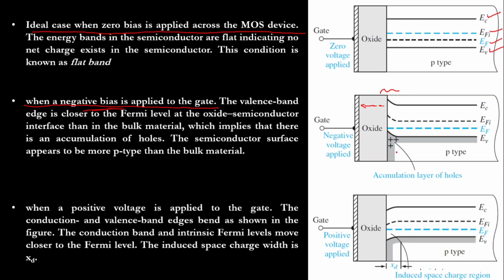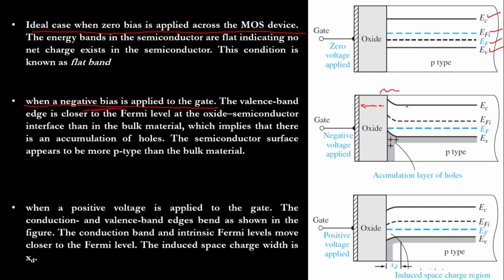The holes are going to accumulate here. That means the energy near the junction is going to increase. So you can see the valence band energy at this oxide and semiconductor junction is almost equal to the Fermi level compared to other portions of the semiconductor. It won't affect throughout the semiconductor. The bending of the band occurs only near the junction, not the entire band.